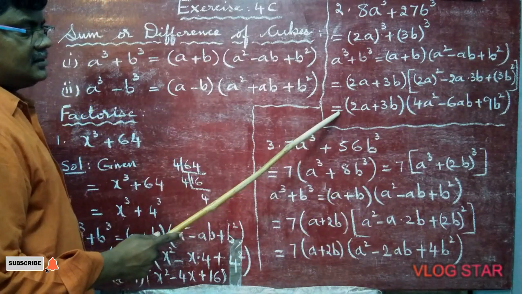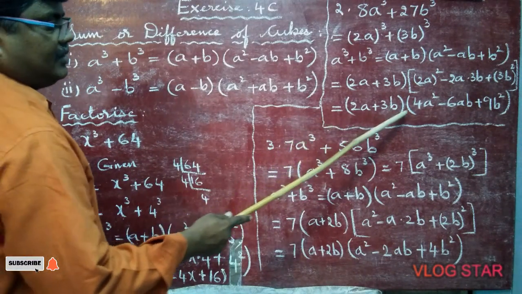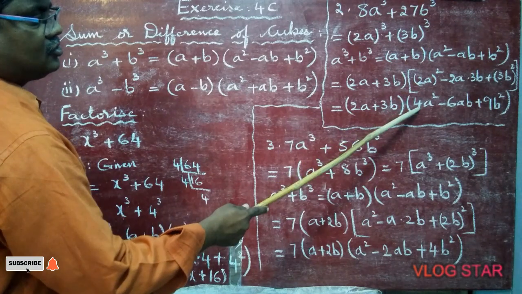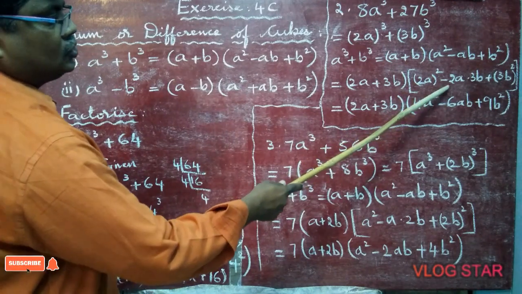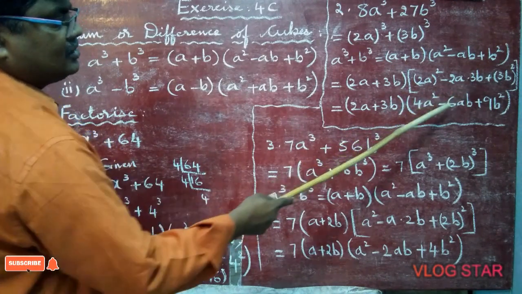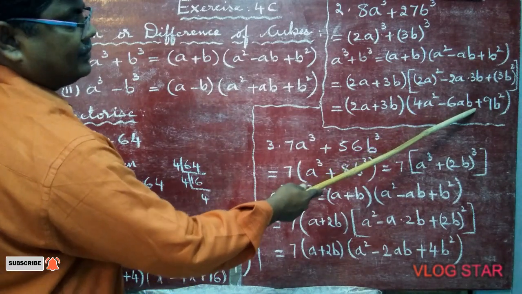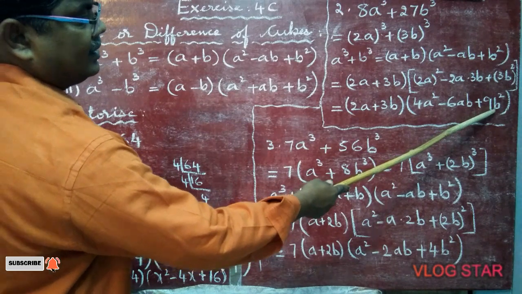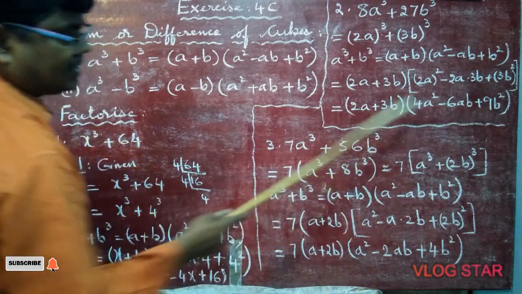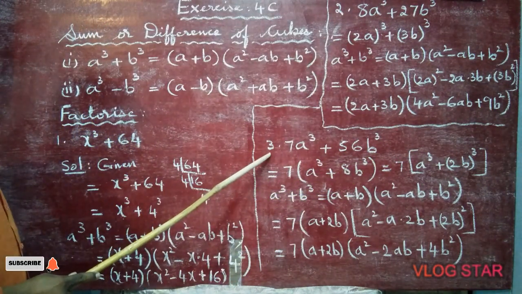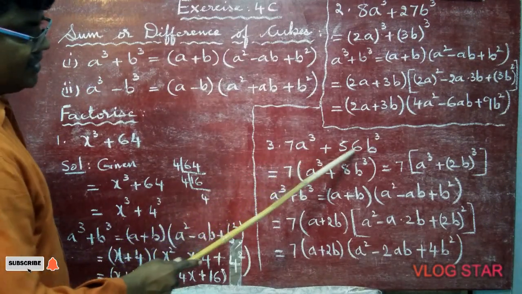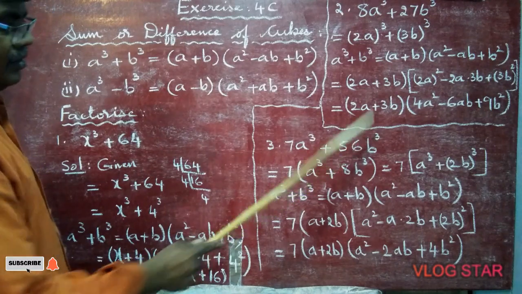Now final answer, that is equal to 2a plus 3b into 2a whole square means 2 2s are 4, a square. So 4a square minus 2 3s are 6 and ab. So minus 6ab plus 3b whole square means 3 3s 9 and b square. This is the answer.